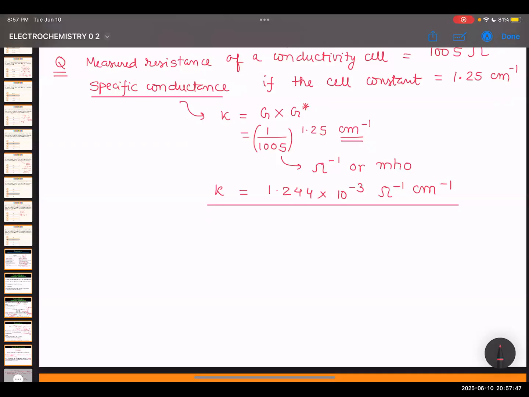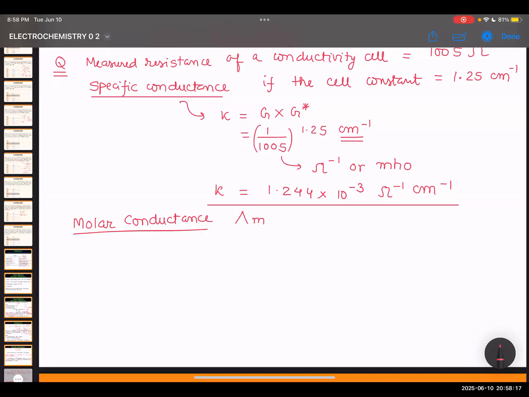Now we will talk about the molar conductance. What do you mean by molar conductance?